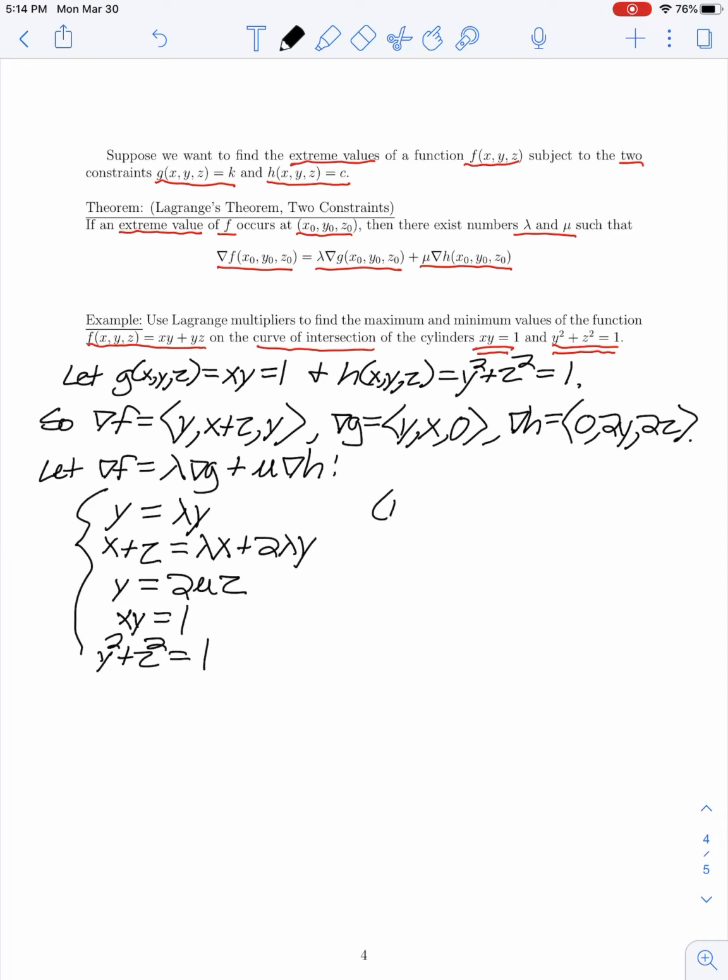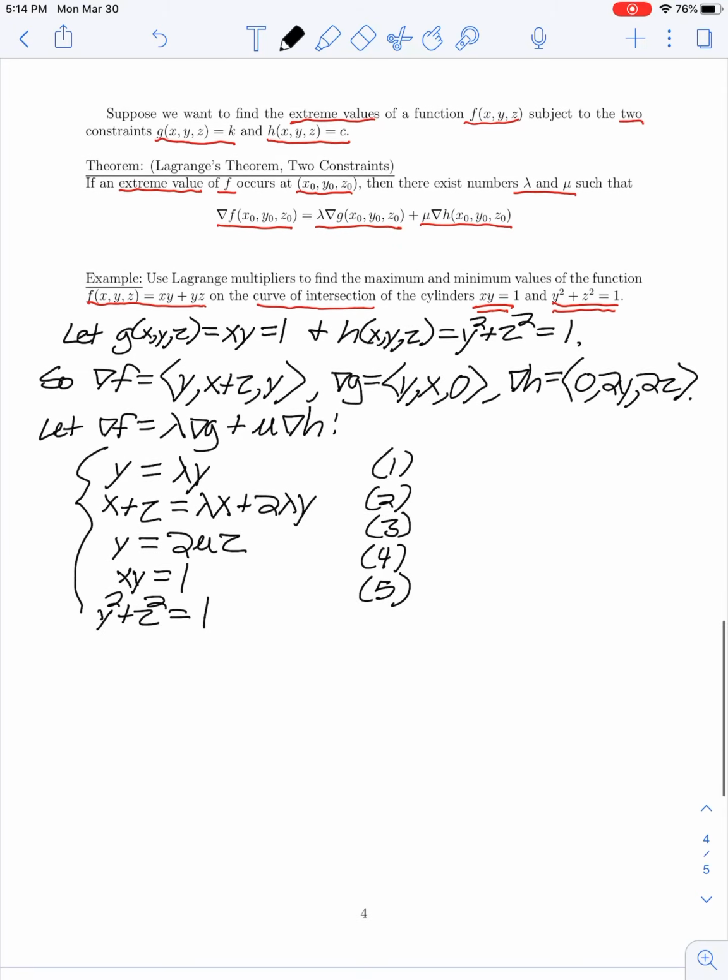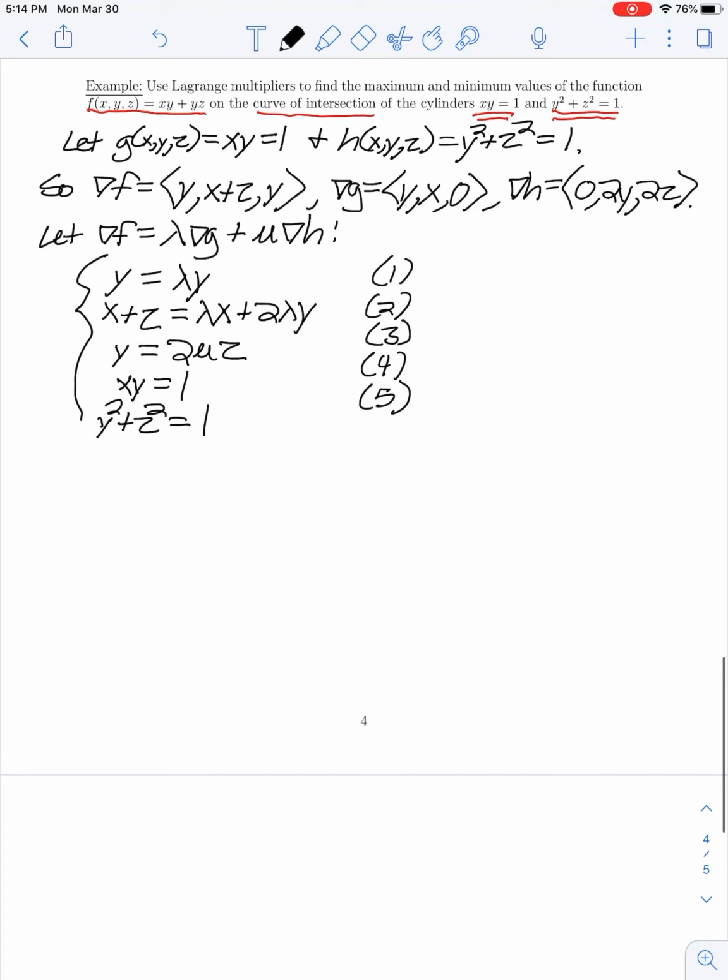So here we have a system of 5 equations in terms of 5 unknowns. For reference, let me number these equations 1, 2, 3, 4, and 5 so that I can refer back to them later in my work.